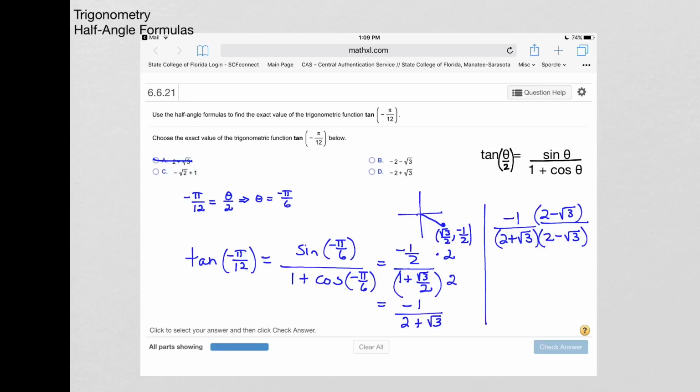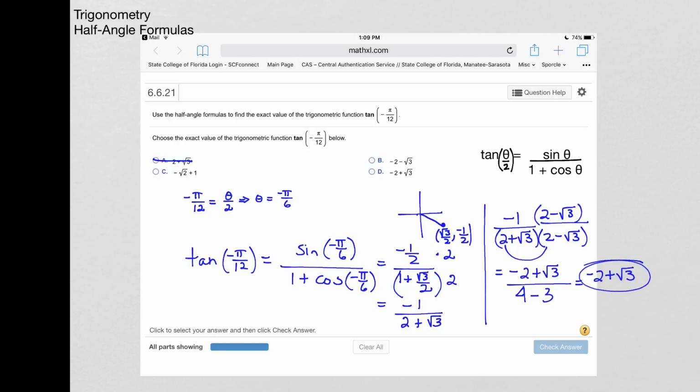In the numerator I get negative 2 plus the square root of 3. In the denominator I get 4 minus, and square root of 3 times the square root of 3 is 3. The denominator is 1, so it's negative 2 plus the square root of 3.